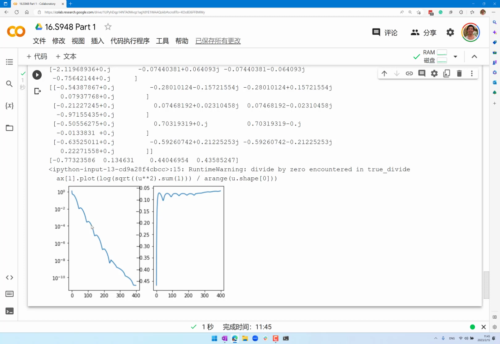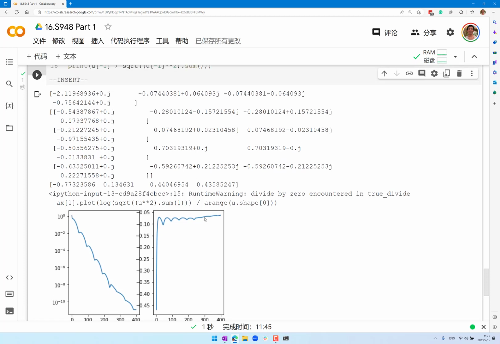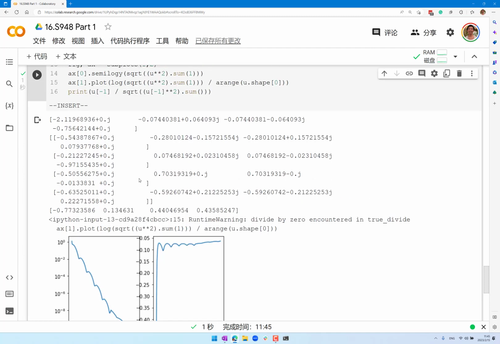So you can see this goes down, right? And the magnitude of the eigenvalue we computed roughly converges to that number. We are not taking enough iterations in this case, but as you go on, it should be roughly equal to the real part of these eigenvalues.